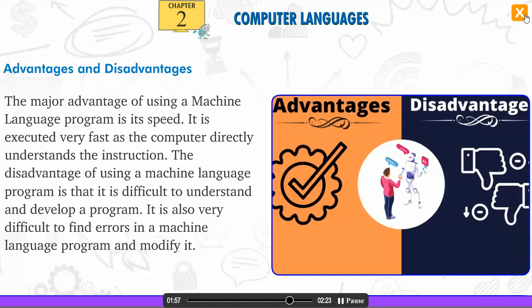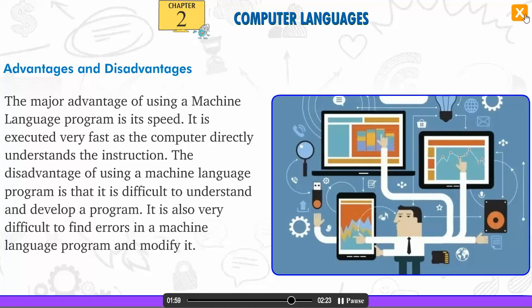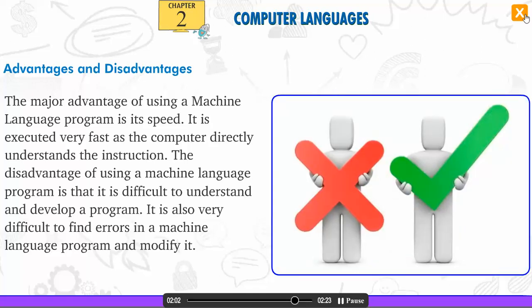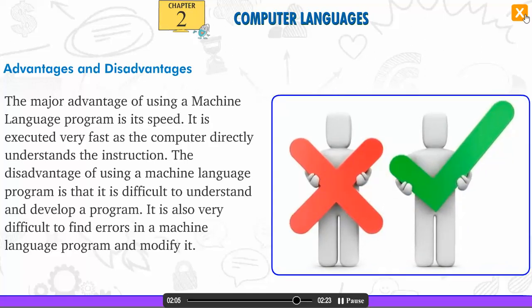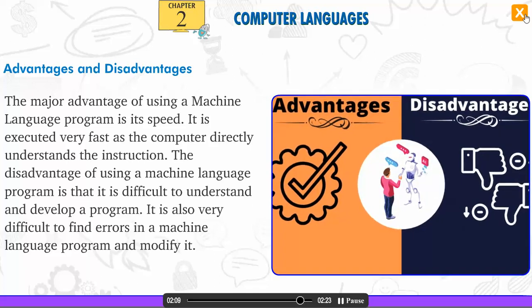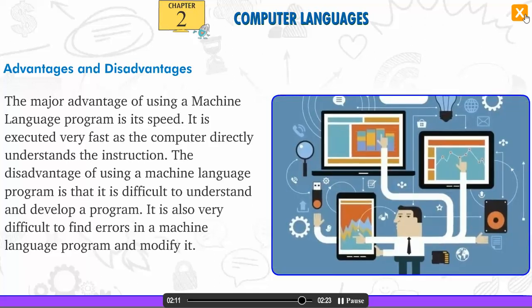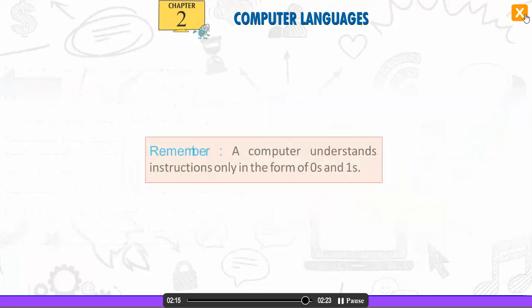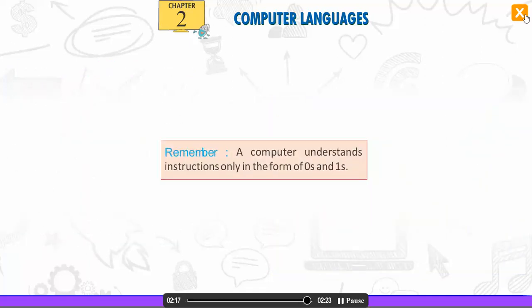The disadvantage of using a machine language program is that it is difficult to understand and develop a program. It is also very difficult to find errors in a machine language program and modify it. Remember, a computer understands instructions only in the form of zeros and ones.